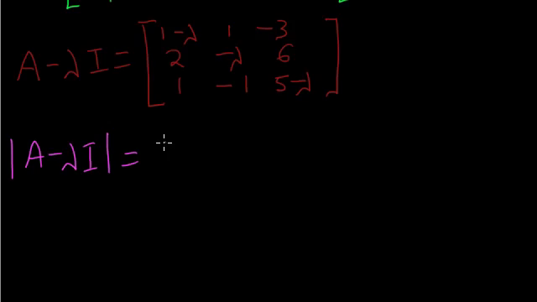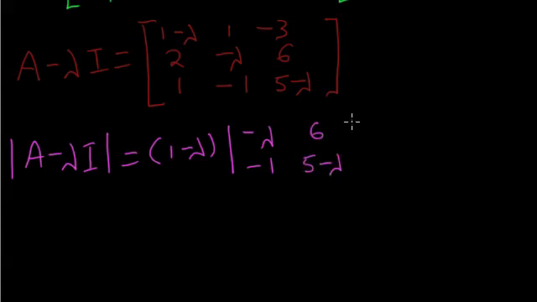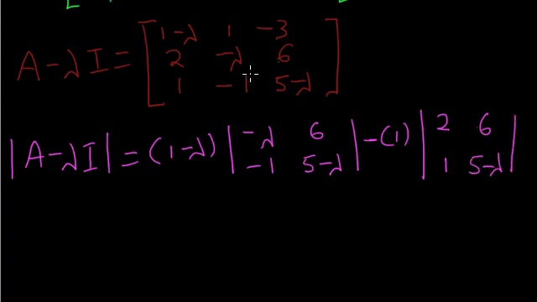So that is 1 minus lambda times the determinant of this 2 by 2 matrix, negative lambda, negative 1, 6, 5 minus lambda, minus 1 times the determinant of the matrix 2, 1, 6, 5 minus lambda, plus negative 3 times the determinant of the matrix 2, 1, negative lambda, negative 1.